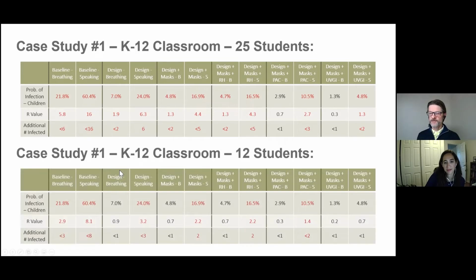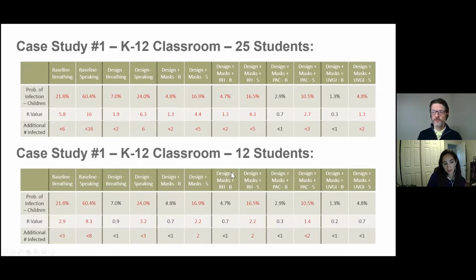Now, what happens if we add de-densifying on top of that? So now it's at 12 students instead of 25 students. So the probability of infection stays the same based on the parameters that are used in this model. But because you have fewer people, you're going to have fewer people likely infected, right? Because you take that percentage times the number of people.